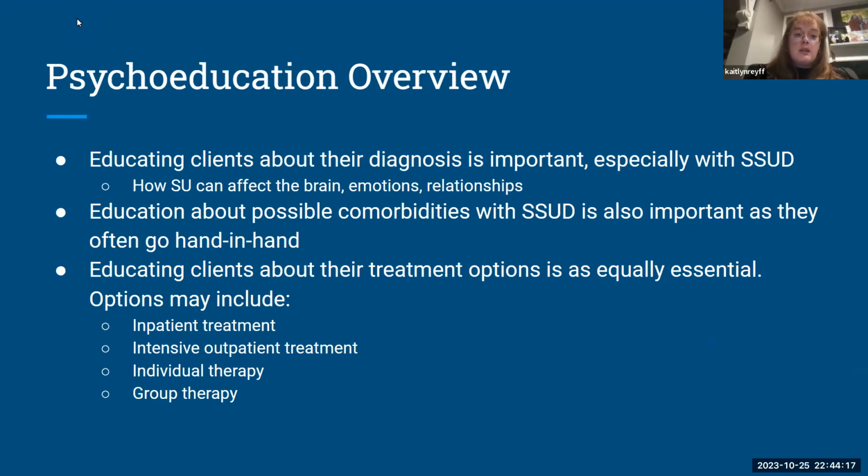Okay, so the psychoeducation portion with severe substance use disorder through our research, and then also again playing on my internship at the substance use center, educating clients about substance use and substance use disorder is important, because understanding how it affects your brain, your emotions, your behaviors, your relationships, understanding the science behind it, why it happens, how it impacts you, they all roll into one another.